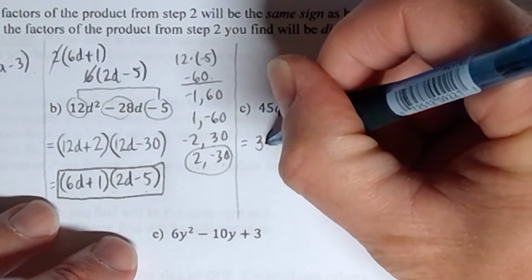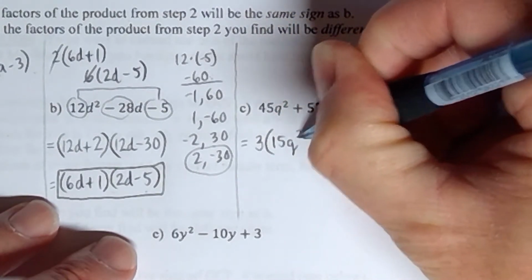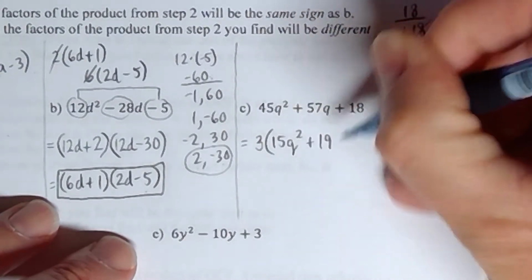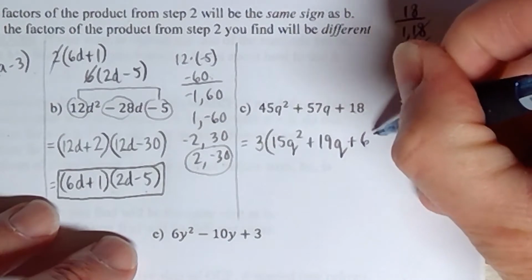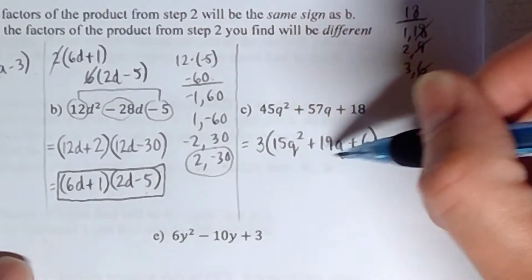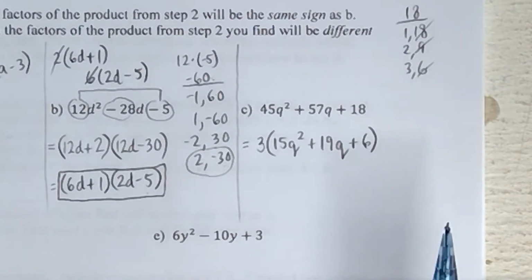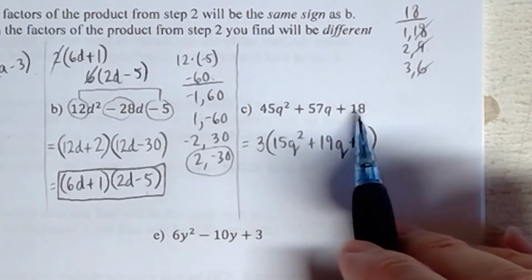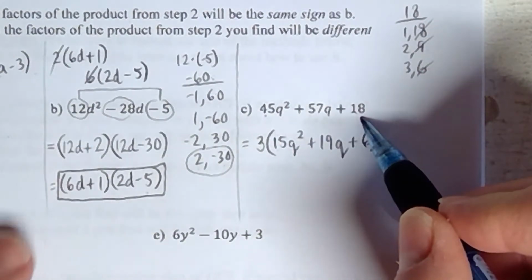So what do we get when we factor out the 3? We get 15Q squared plus 19Q. 3 times 19 is 57. And then plus 6. Now here's the thing, you guys. Since we factored out the GCF, you now take the leftover or the remaining trinomial and you try to factor that. You don't go back to the original problem and try to do 45 times 18 like we did in the last few problems.